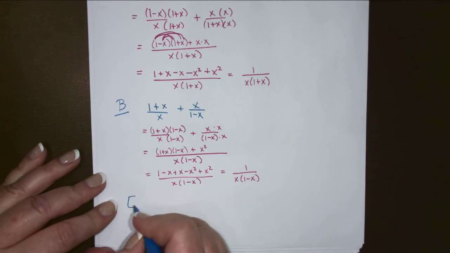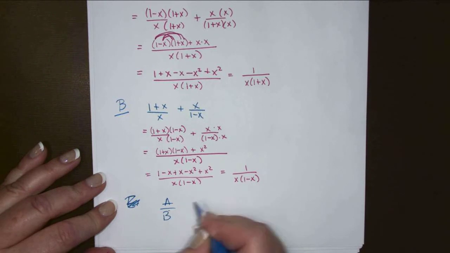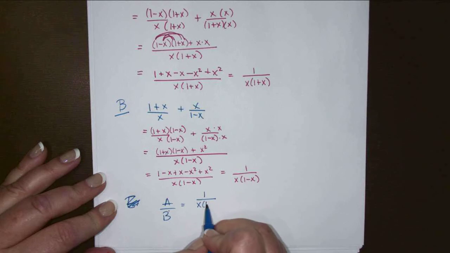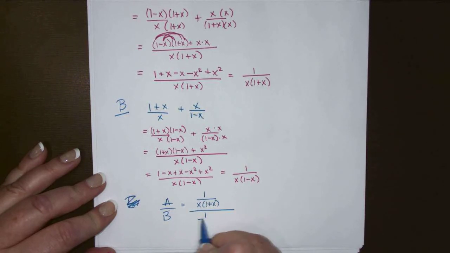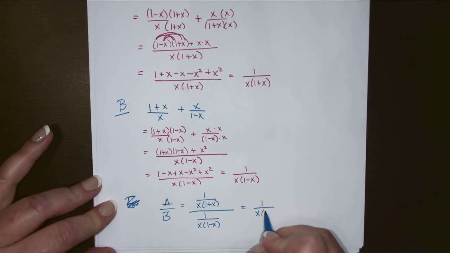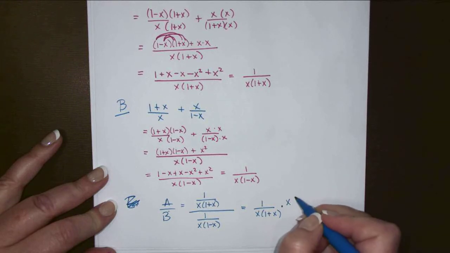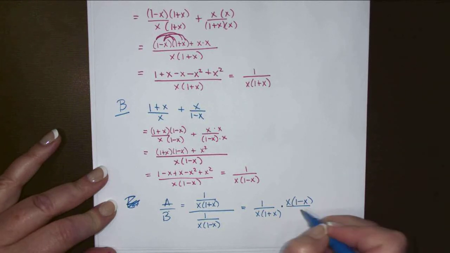Okay, so we want to put it back together, A over B. So A was 1 over x times x plus 1, and 1 over x times 1 minus x. Top multiplied by the reciprocal of the bottom.